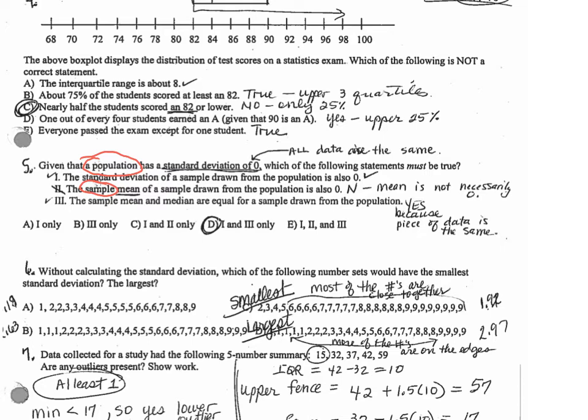So number 5 says, given that a population has a standard deviation of 0. So for this, I want to pretend like our population is all of Aledo High School students, and we're talking about their GPA.